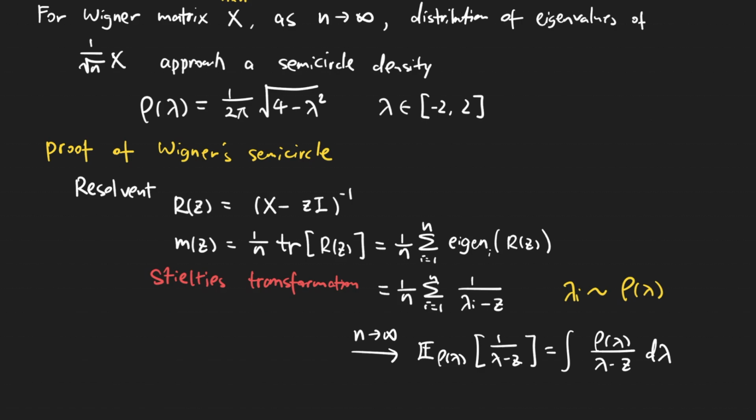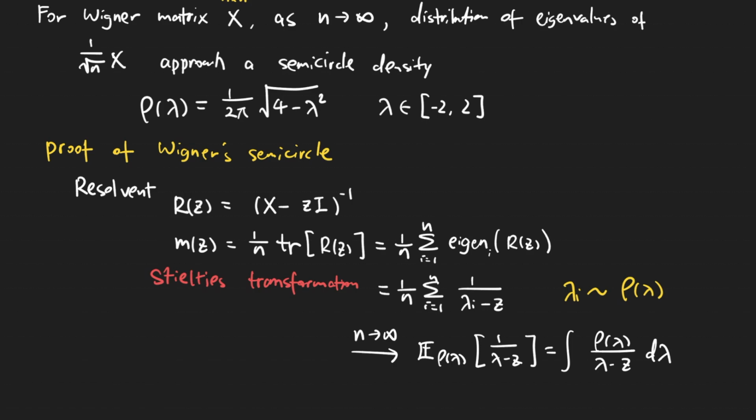The main idea of defining the Stieltjes transformation and the resolvent is that m of z is like a scalar function that summarizes all eigenvalues. So instead of tracking n eigenvalues for a matrix, which can be very hard, if there's a way to solve for m of z, we have kind of solved for all the eigenvalues.